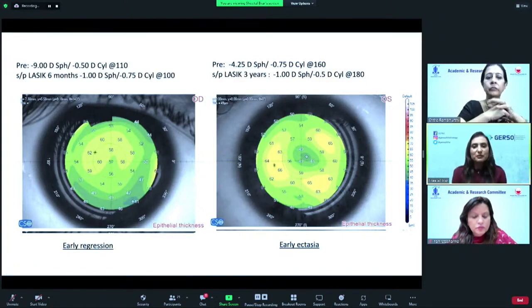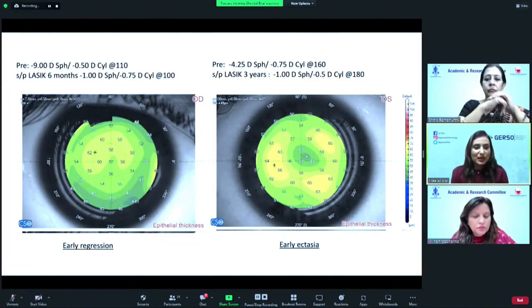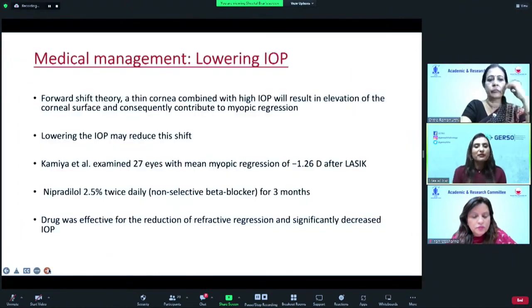If we see the epithelial maps, the first map shows a significant amount of thickening of the epithelium in the center, which is very classical of early regression. On the other side, we have thinning of the epithelium in the center, surrounded by a donut-shaped thick epithelium, which is pathognomonic of early ectasia. So this is how topography and especially epithelial maps can help.